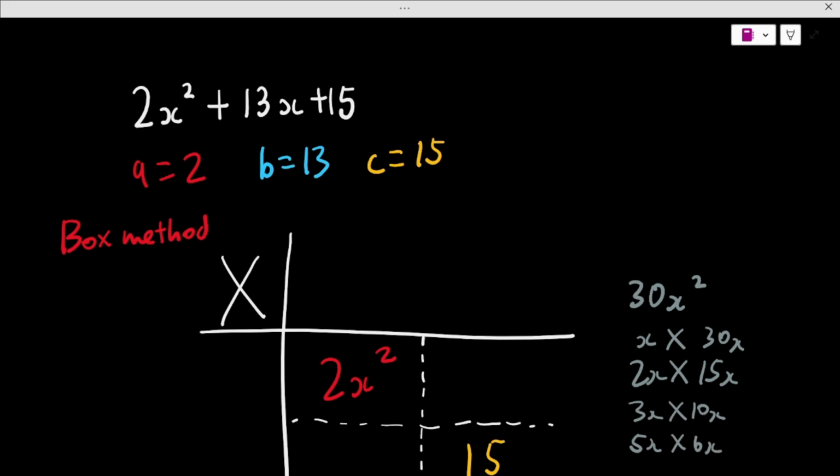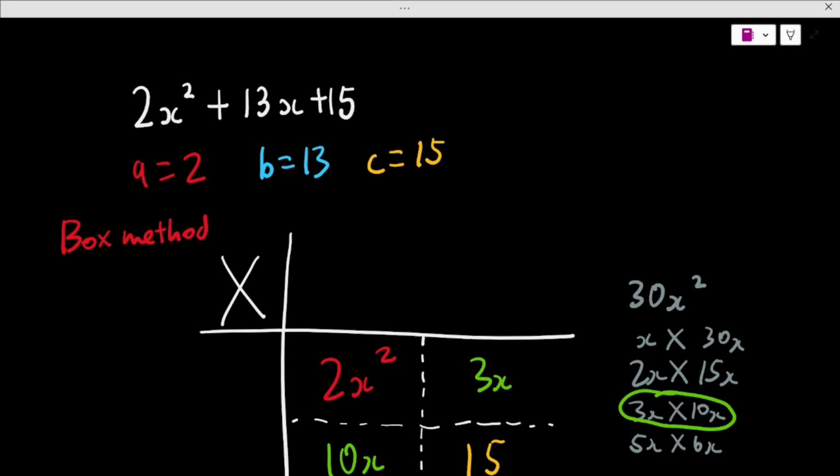Next, we need to find the pair of factors that when added up give us 13x. In this case, we can see that 3x plus 10x would give us 13x. So because of that, just go ahead and fill in 3x and 10x into the remaining sections left in the box.